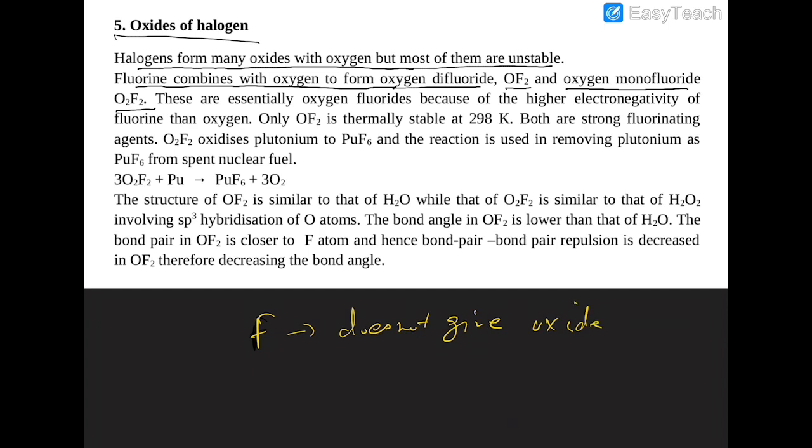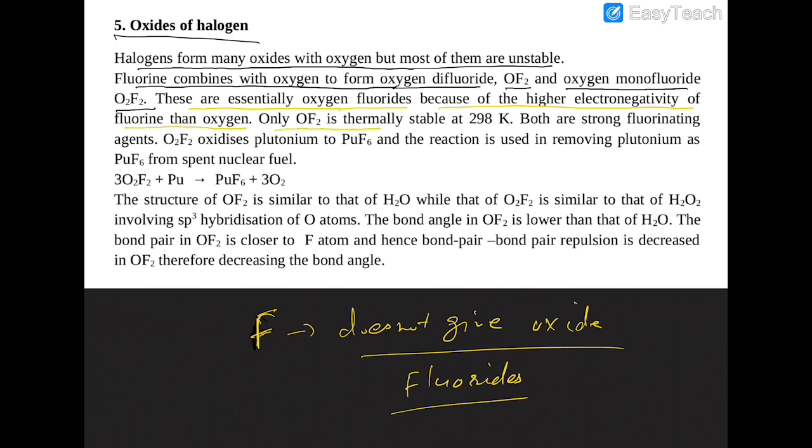It is an exceptional case that oxygen does not form an oxide with fluorine. In place of that, it gives you a fluoride. Why? Because fluorine is more electronegative in nature. These are essentially oxygen fluorides because of the high electronegativity of fluorine compared to oxygen.